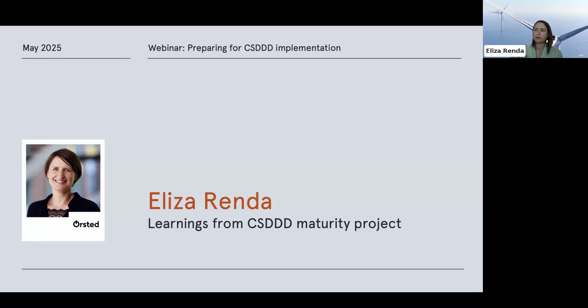We decided to cover the supply chain scope for human rights because that sits with my team. So that was relatively easy in terms of doing the assessment, and then we could also test the tool in its entirety.